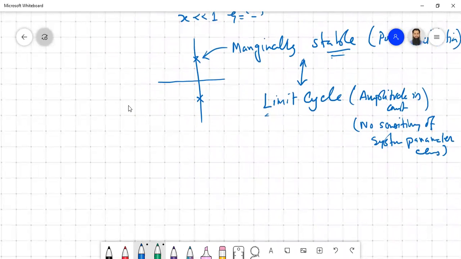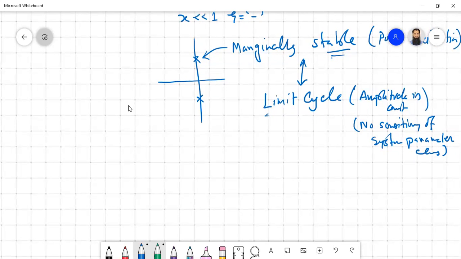As you can see, some limit cycles are naturally, or inherently, available in nature. Sometimes they need to be removed because in some cases, like in an aeroplane, if you have sustained limit cycle oscillation, it can be dangerous for the passengers and the aircraft, and it can collapse.